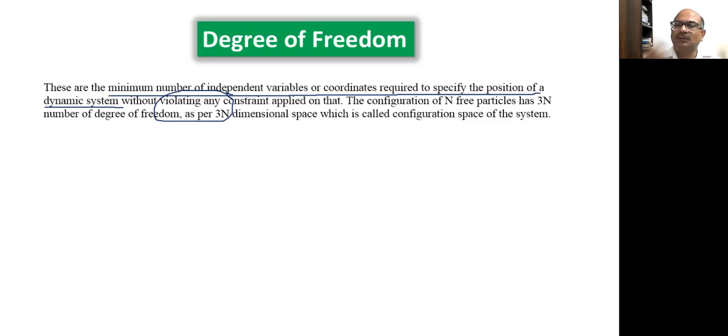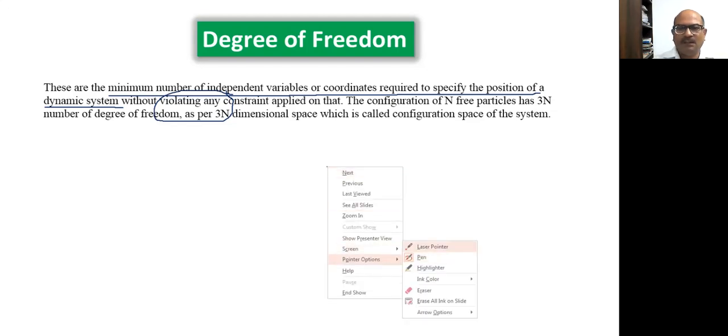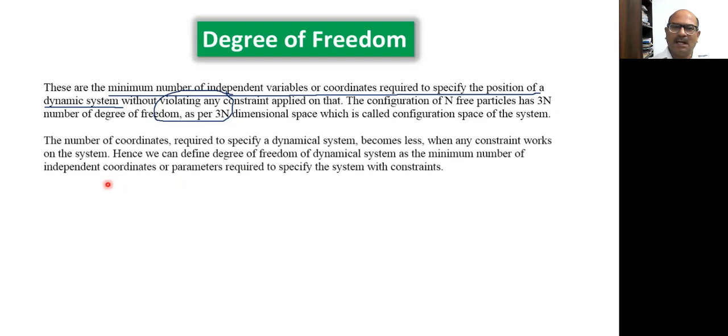So one particle can move in those 3 directions, but if n free particles are available, those n free particles can move in 3n space, so that is known as the configuration space of that system.